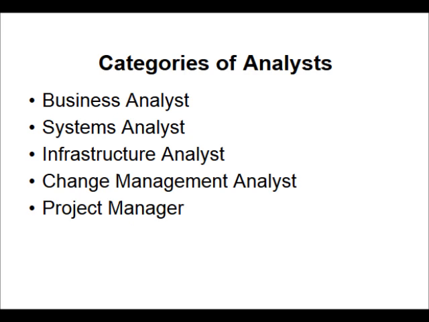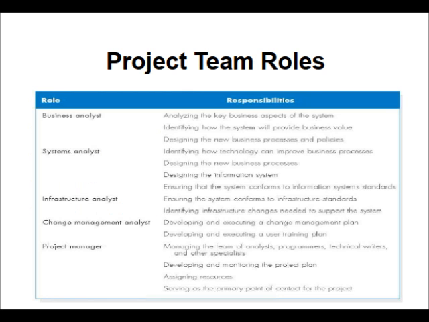Categories of analyst can be business analyst, system analyst, infrastructure analyst, change management analyst, and finally the project manager. This lists the project team roles, like business analyst, whose responsibilities are analyzing the key business aspects of the system, identifying how the system will provide business value, and designing the new business processes and policies.